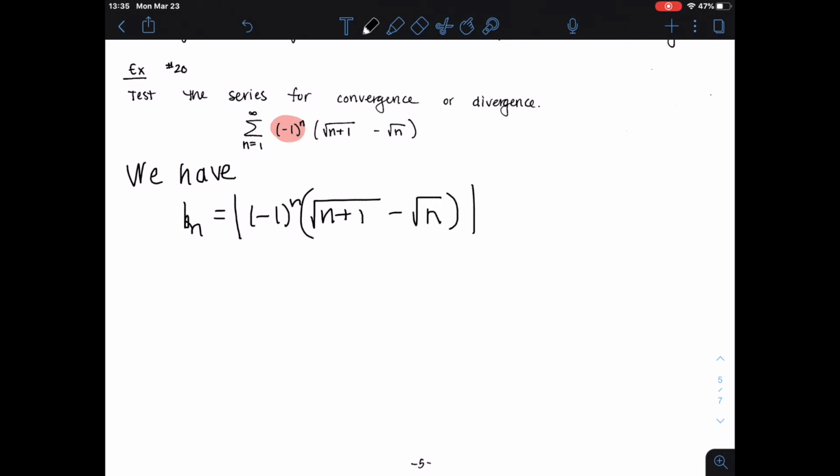And now because there is subtraction, I don't necessarily want to get rid of the absolute values right away. What I do need to do, though, is clean this up quite a bit. Because we've got to show this thing goes to 0 in a limit, I'm going to multiply by the conjugate. Multiply by root n plus 1 plus root n, and then do the same thing in the bottom.